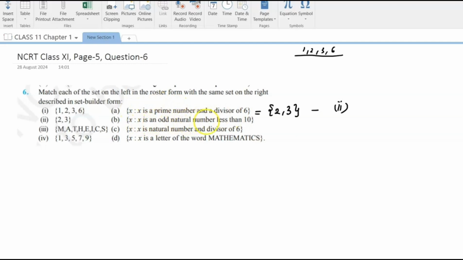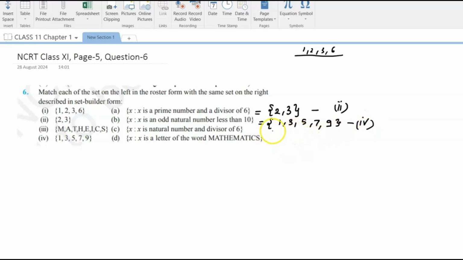Now X is an odd natural number less than 10. Natural numbers are 1, 2, 3, 4, 5, 6, 7, 8, 9, 10, 11, 12 and so on. So odd natural numbers: 1, 3, 5, 7, 9. 11 is greater than 10. So we will stop here. And this matches your option 4.